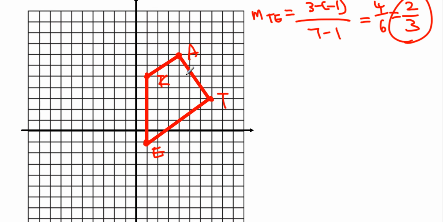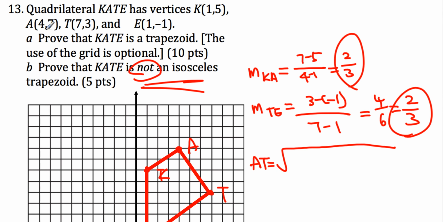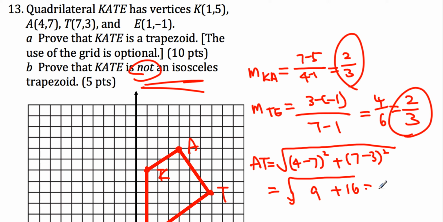So then I guess we're going to be looking at AT and then KE. Distance of AT must be 4 minus 7 squared plus 7 minus 3 squared, square root of, here we get 9 plus 16, which gives the square root of 25, which is also equal to 5.